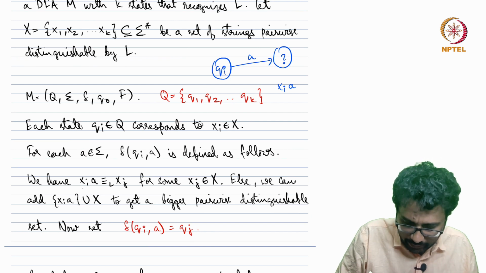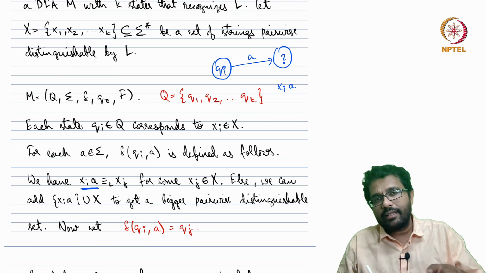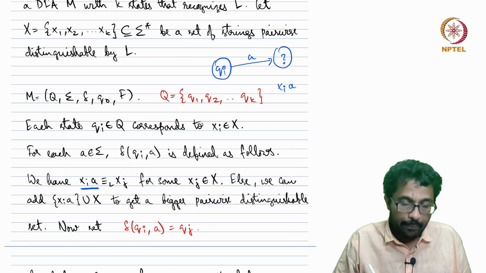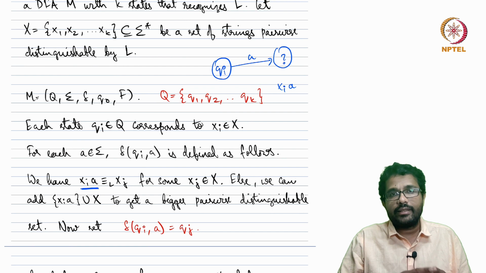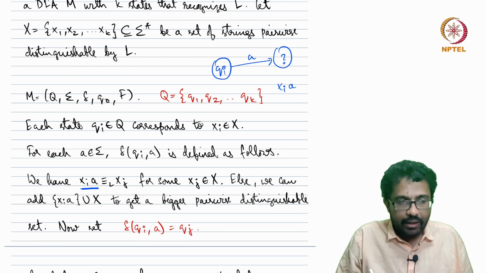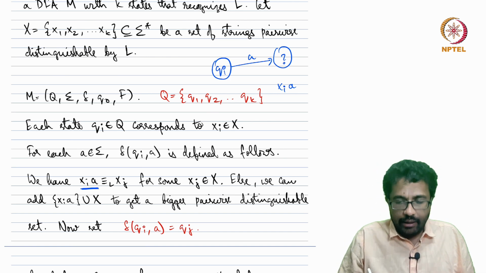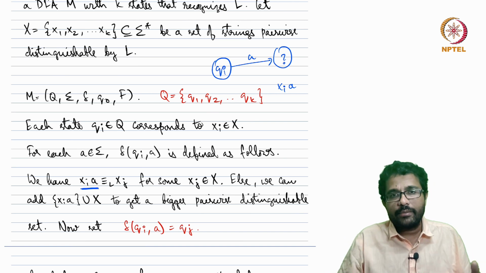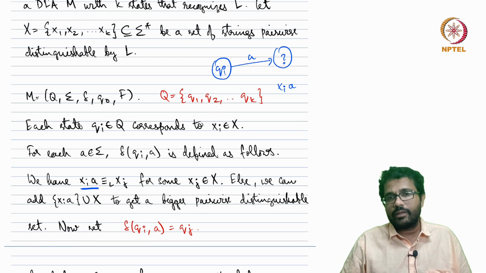this string xia, which I am underlining over here, is equivalent to some other string in capital X. Capital X is the largest set of strings that are pairwise distinguishable. So xia will be equivalent to some string in that set X, because if it is not equivalent to some string in that set, then you can add xia to the set and get a bigger pairwise distinguishable set.